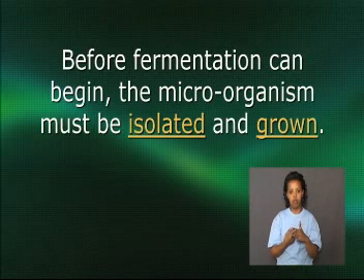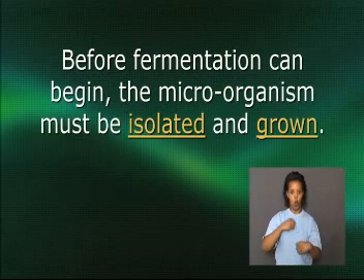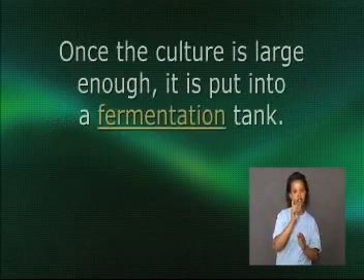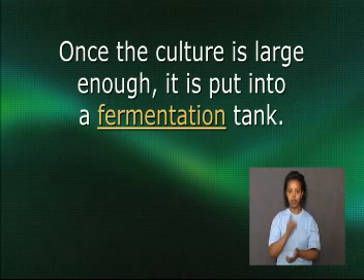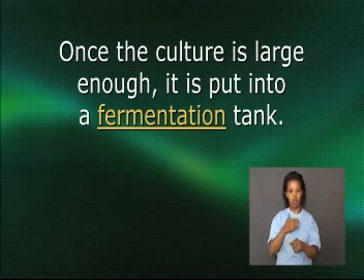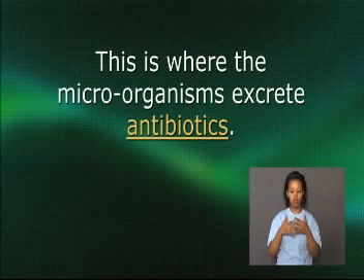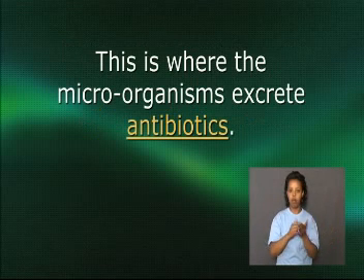Before fermentation can begin, the microorganism must be isolated and grown. Once the culture is large enough, it is put into a fermentation tank. This is where the microorganisms excrete antibiotics.